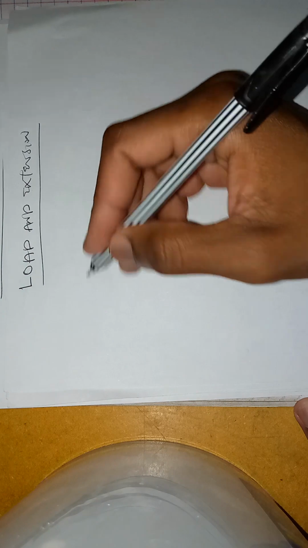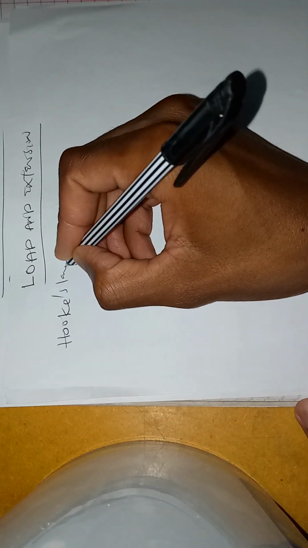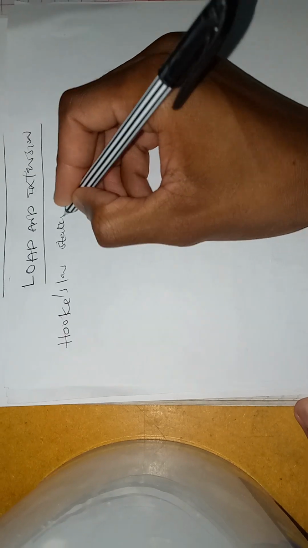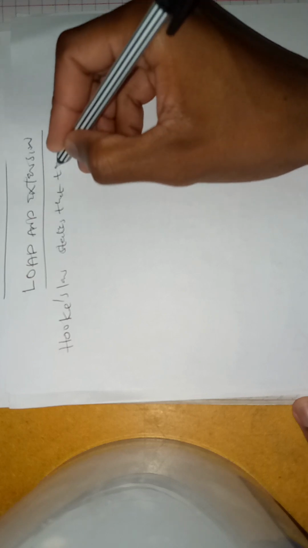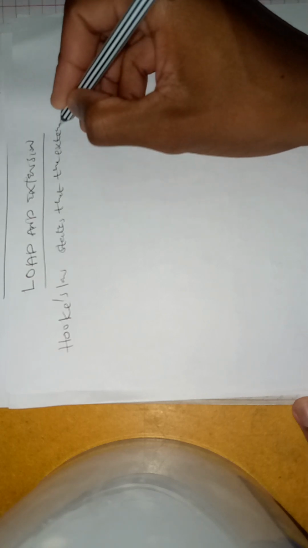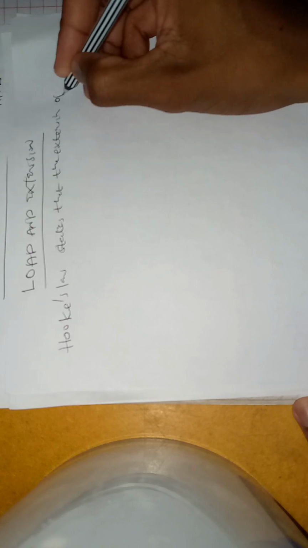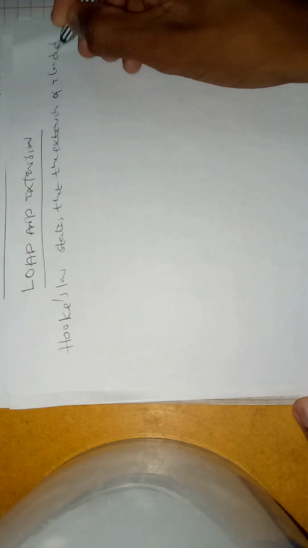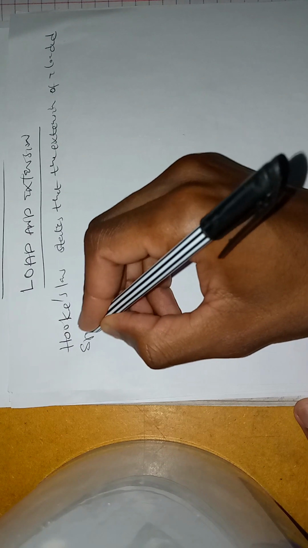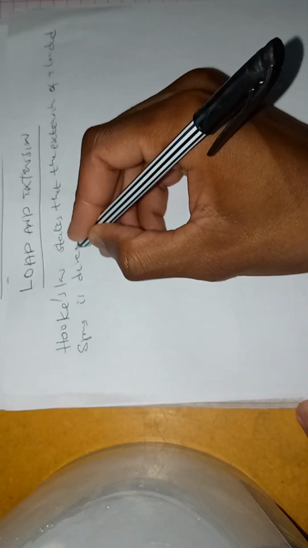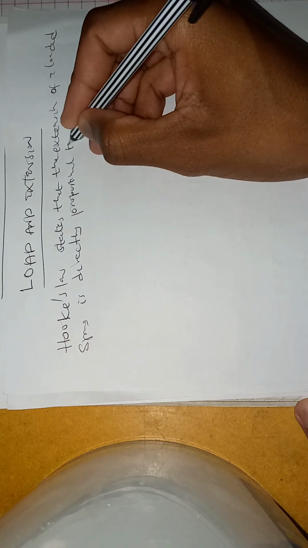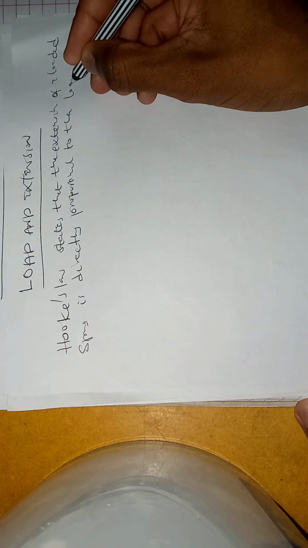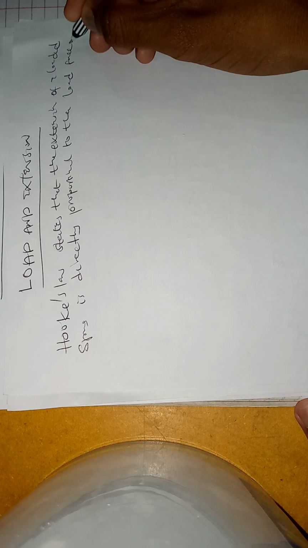Hooke's law states that the extension of a loaded spring is directly proportional to the load, that is the force applied.